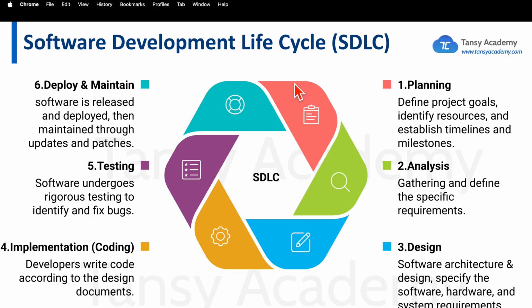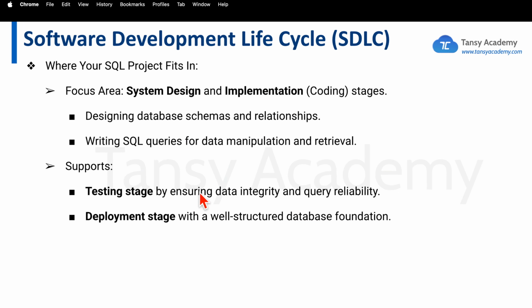And then if you talk about the software development lifecycle, you should know where the work and assignments you are doing fit in the real world. As we discussed in chapter 2, there are about 6 to 7 phases in the SDLC, the software development lifecycle. What you do fits at system design and implementation.